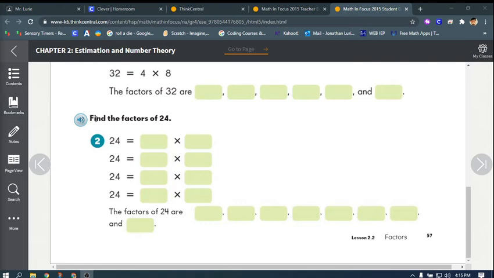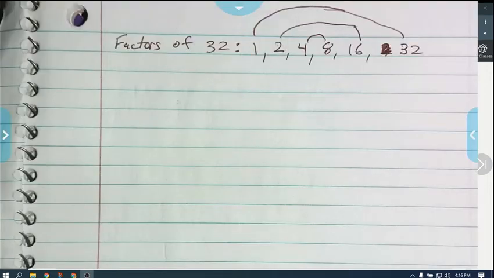The next one, find the factors of 24. Well, how are we going to do this? Let's use my favorite method, the T-chart. Number 2. Let's write this one down in our notebook, shall we?